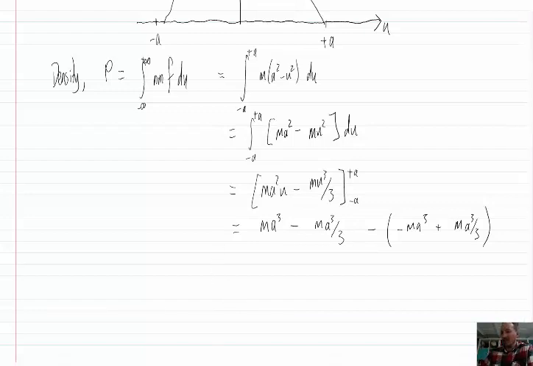And when we sum all of that up, what do we get? We're left with 4 m a cubed over 3. Okay, so we have a finite density.